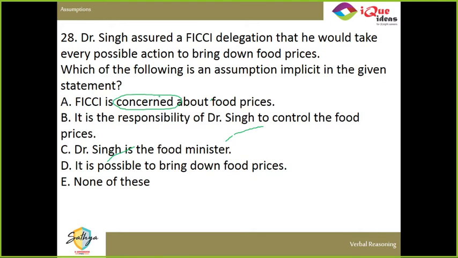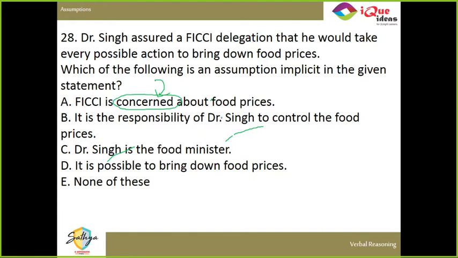Just because Dr. Singh is telling FICCI something, whether they're concerned about it or not, I don't know. Dr. Singh might only be making a speech. So whether FICCI is concerned about it or not, I don't know. So A is not necessarily true.